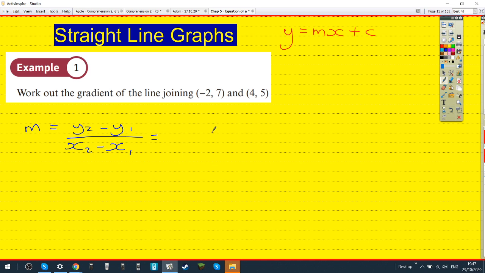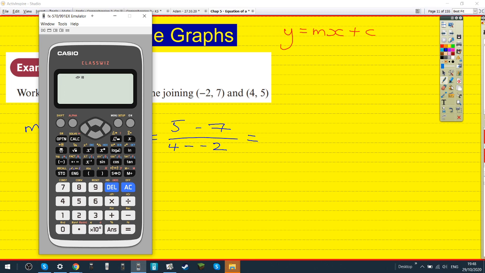What goes where? So 5 minus 7 over 4 minus 2, or 4 add 2. You can always use the calculator. So it'd be minus 2 over 6.